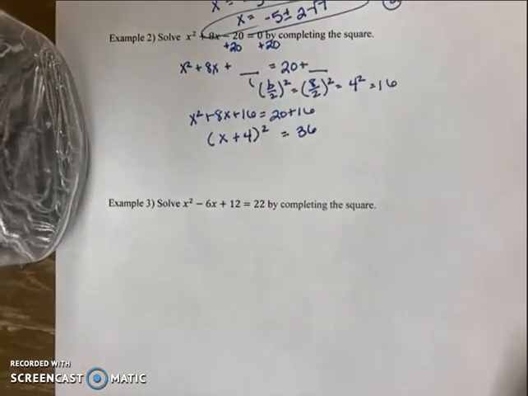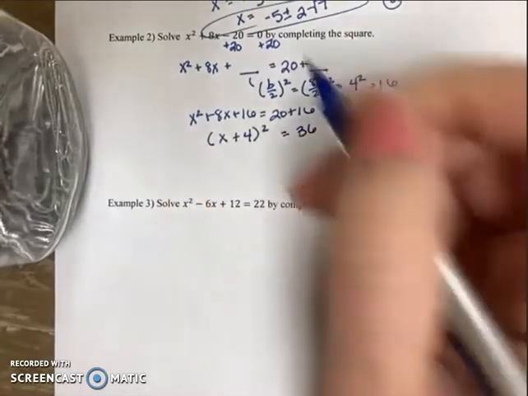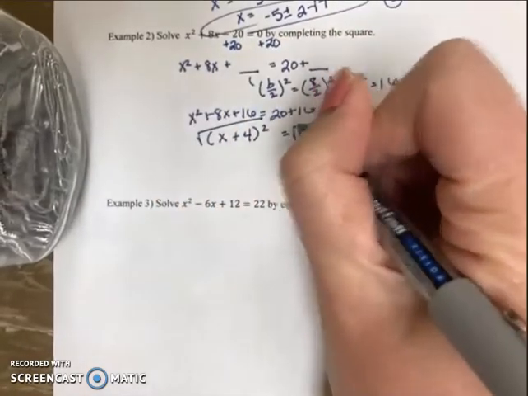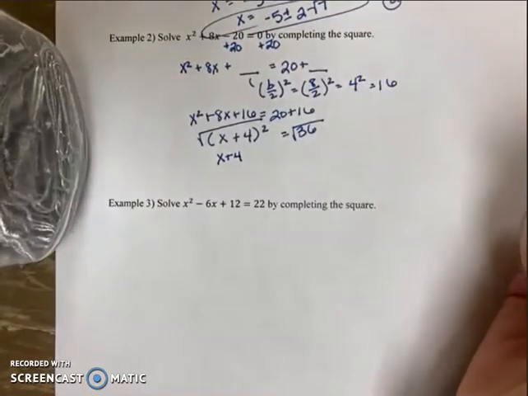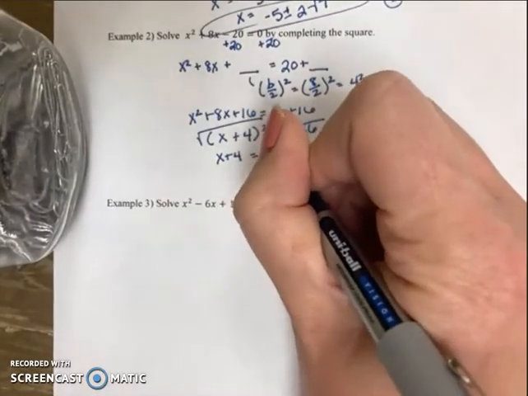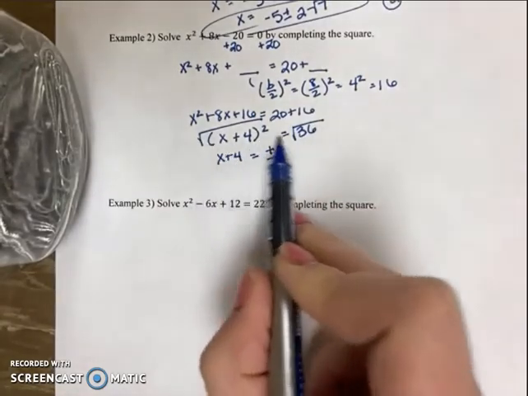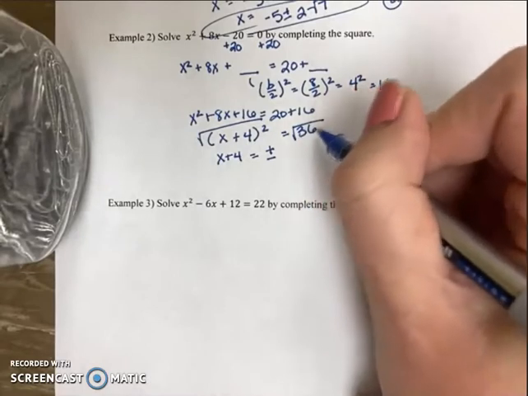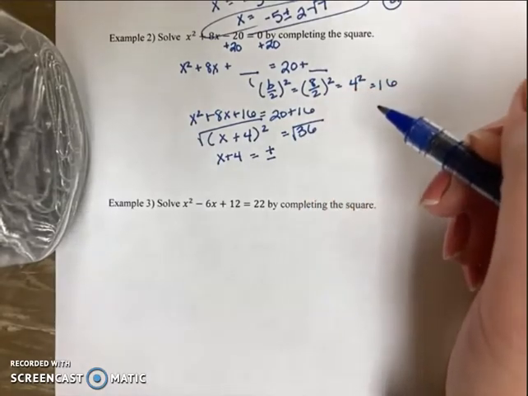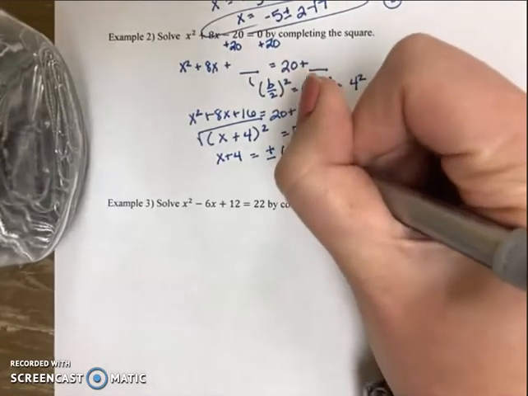We need to solve for x, so this is where I use the square root property. So I take the square root of each side. That gives me x plus 4 because the square and square root cancel out, equals plus or minus, because every time I take the square root, I have plus or minus, the square root of 36. Well, 36 is a perfect square of 6.